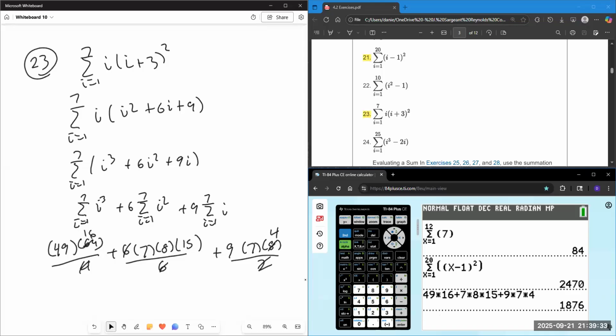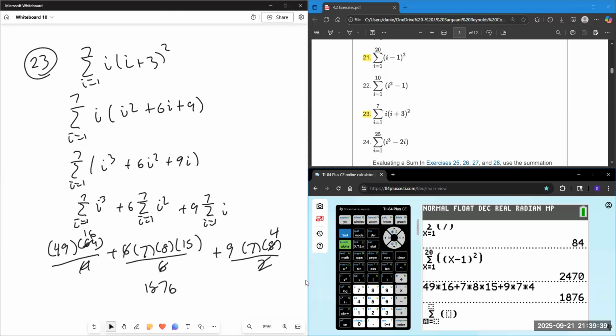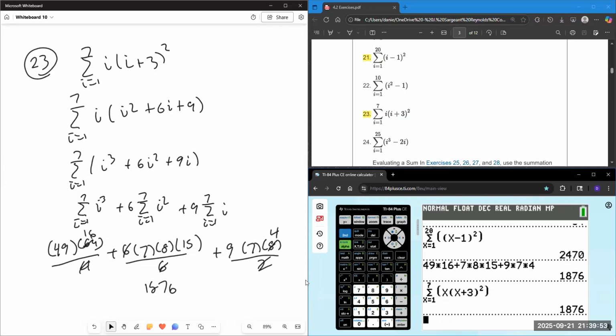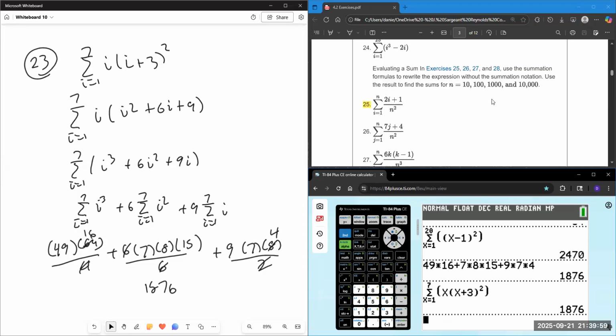And I get 1876. Let's confirm that with the calculator here. x goes from 1 to 7 of x times x plus 3 quantity squared, and we get 1876. So now at number 25.